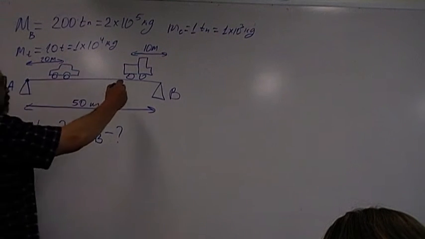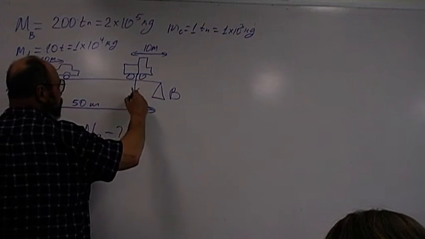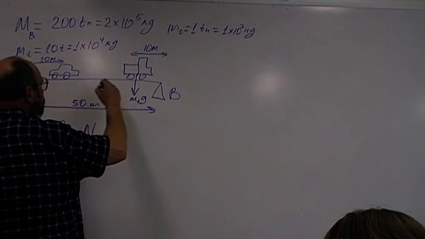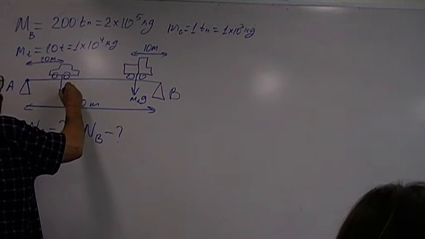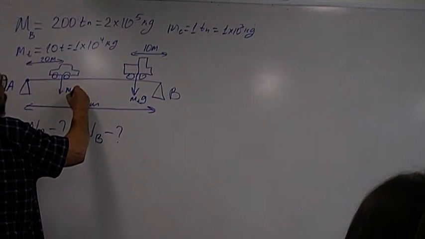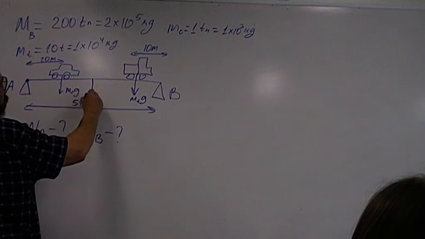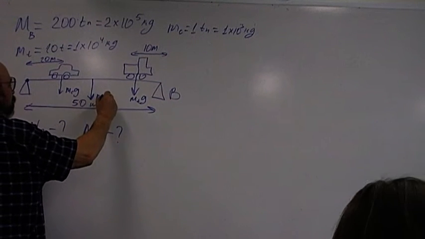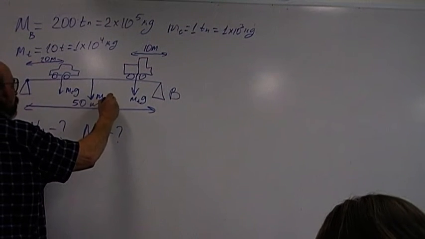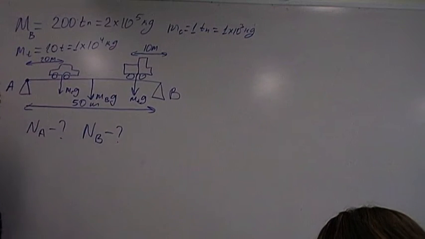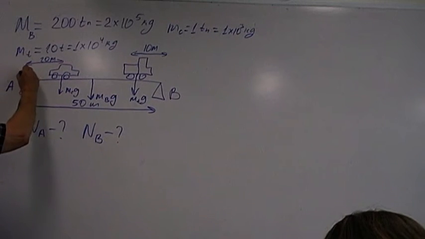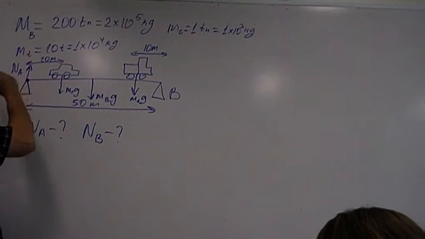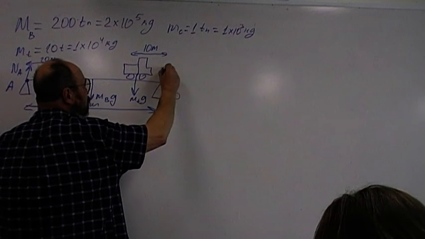We have the mass of the truck times G, the mass of the car times G, and also the mass of the bridge times G. And we have the normal reaction at A and the normal reaction at B.